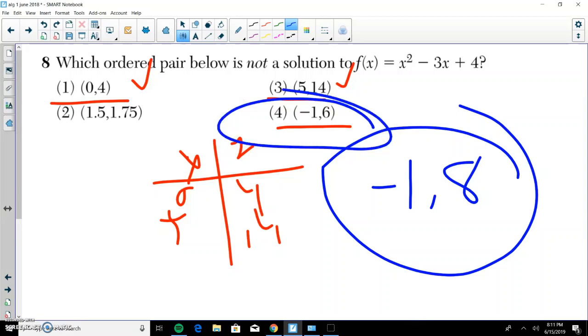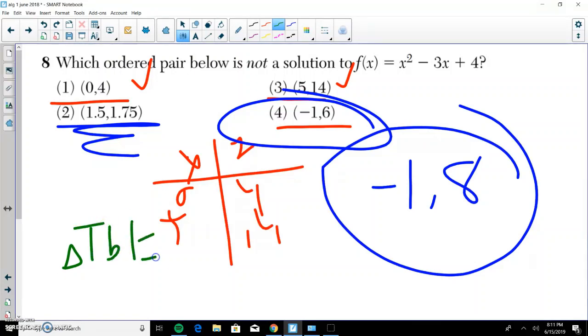If you wanted to test it, or if you're wondering how I knew it wasn't this one, go to your table set. Do second window, and you see where it says TBL equals.